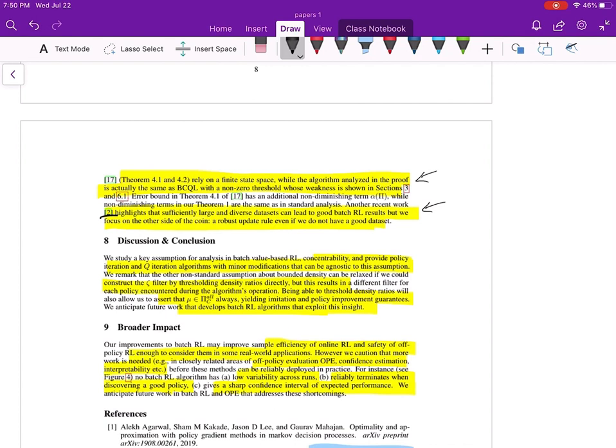Let's see. Sample efficiency of online RL and safety of policy can be improved, due to the work in offline RL. We caution that more work is needed. This is the usual terminology used for the impact statement.